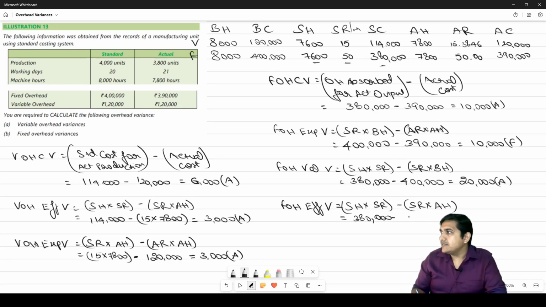Standard rate is 50. How much is my actual hours? 7,800. So how much do we get? We get 10,000 adverse. So efficiency variance is 10,000 adverse.